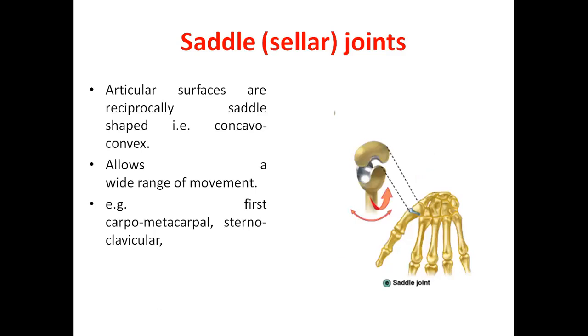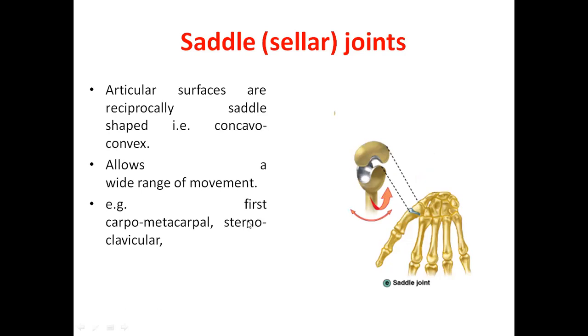Saddle joints. In saddle joints, a variety of synovial joint, the articular surfaces are reciprocally saddle shaped, concave and convex. This is the saddle type of surface. It allows a wide range of movements.